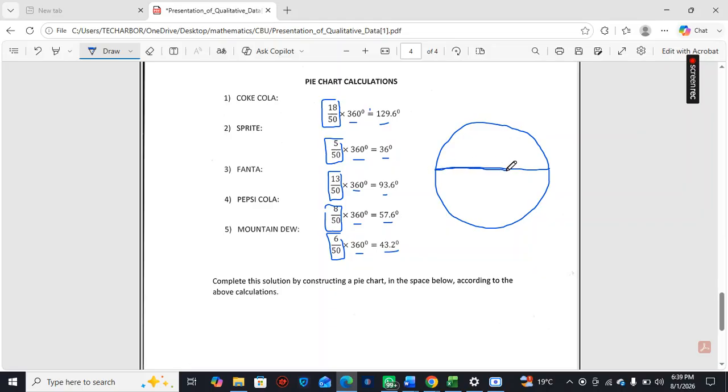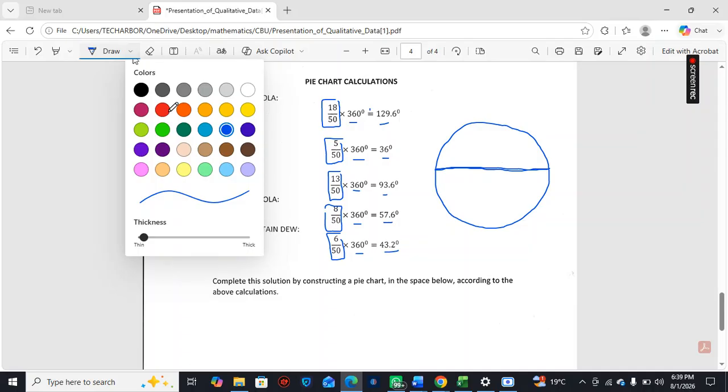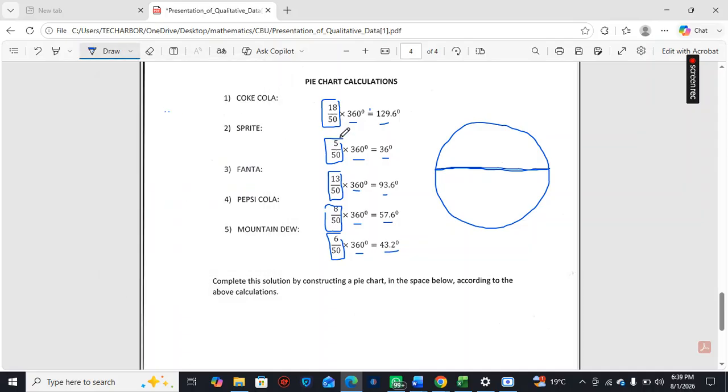I will split it into half. Here we've got 129.6 degrees. So I think we can put it like this. 126 degrees.